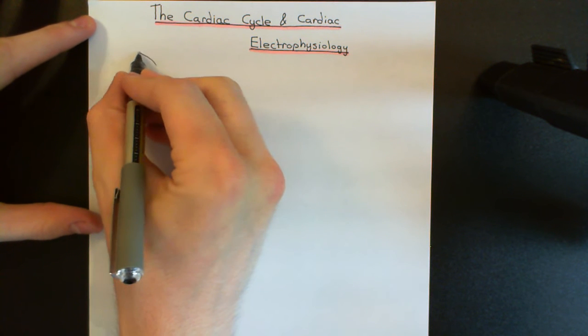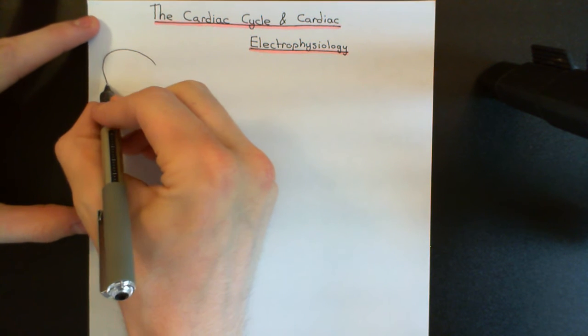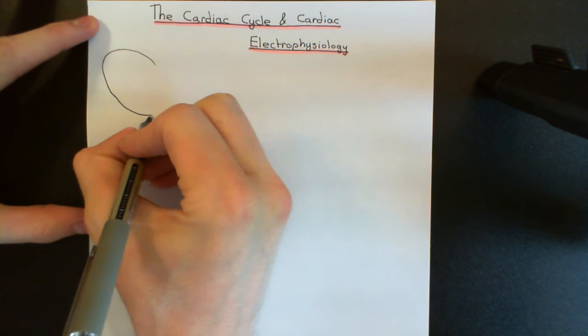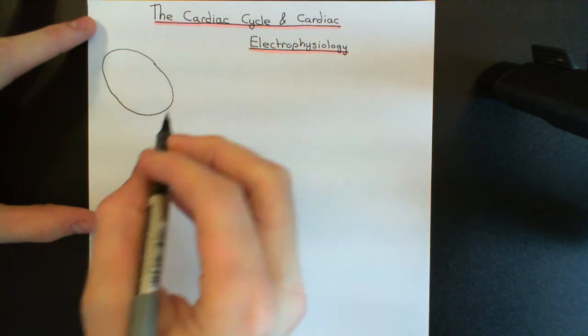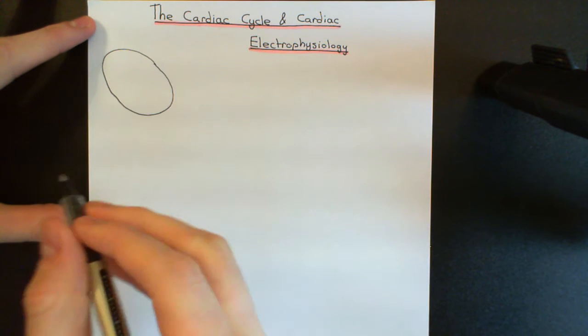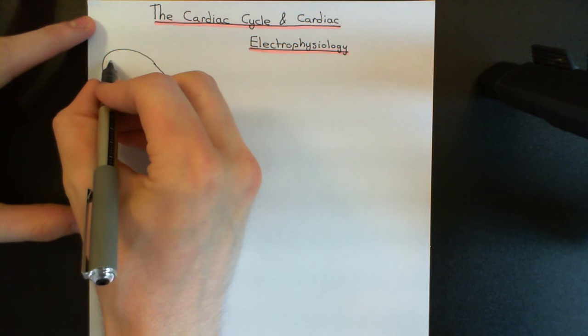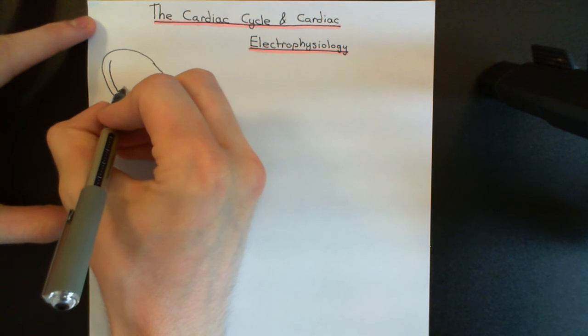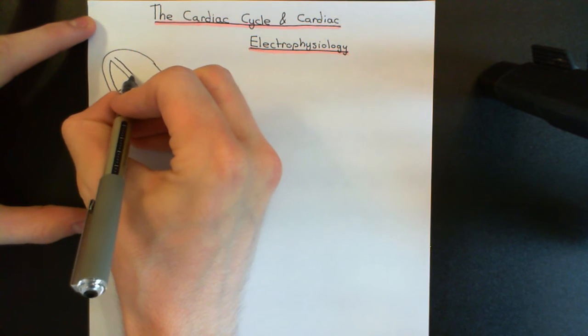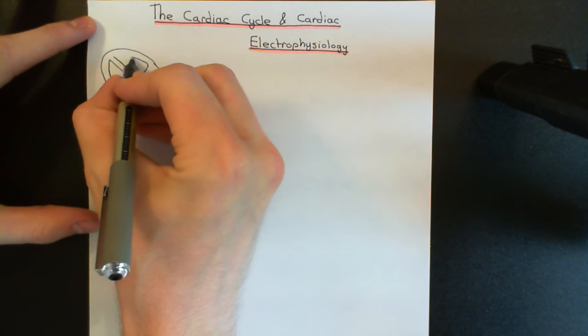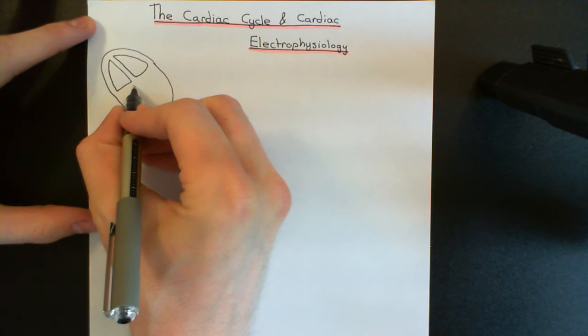Okay, so the picture I'm going to be using throughout this video for the heart is going to be a cross-section, and I want to show you exactly where it's a cross-section of. Okay, so here is the heart, and all I'm going to do is put in 4 separate chambers here. So here is one of the chambers, that's clearly the right atrium. Here's another chamber, that's the left atrium.